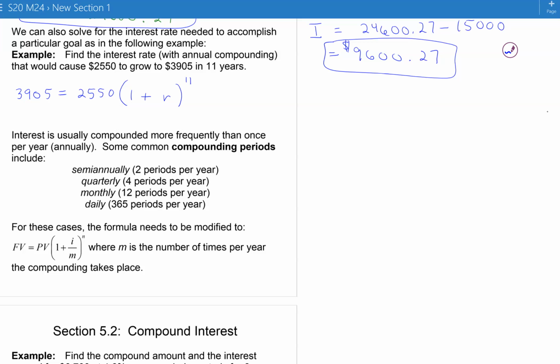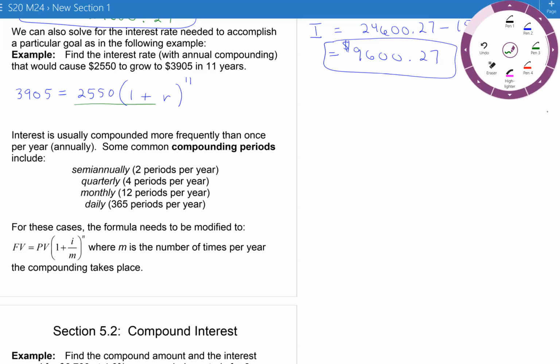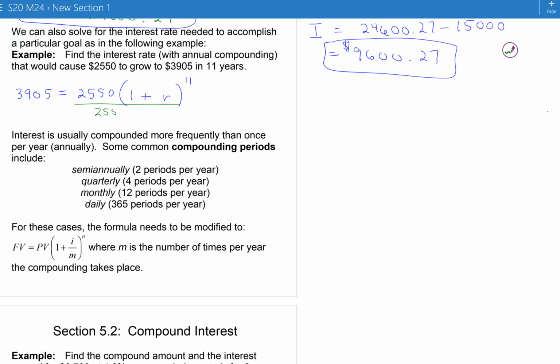This is an exponential equation. So we want to get the exponential part isolated. So we're going to divide both sides by 25.50. So then we'll have 39.05 divided by 25.50 equals 1 plus R to the power of 11.